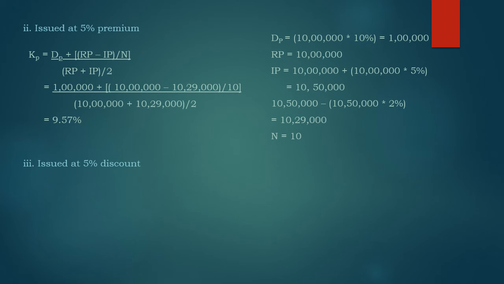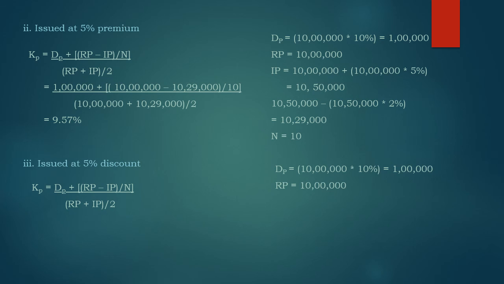Next I will calculate for 5% discount, means when the redeemable preference share is issued at 5% discount, means at undervalued. The formula is same, and DP is also same, 1 lakh. RP is same, 10 lakh. IP will be changed. IP is issue price. So first of all, we will deduct 5% from this 10 lakh and we will get the value 9 lakh 50,000.